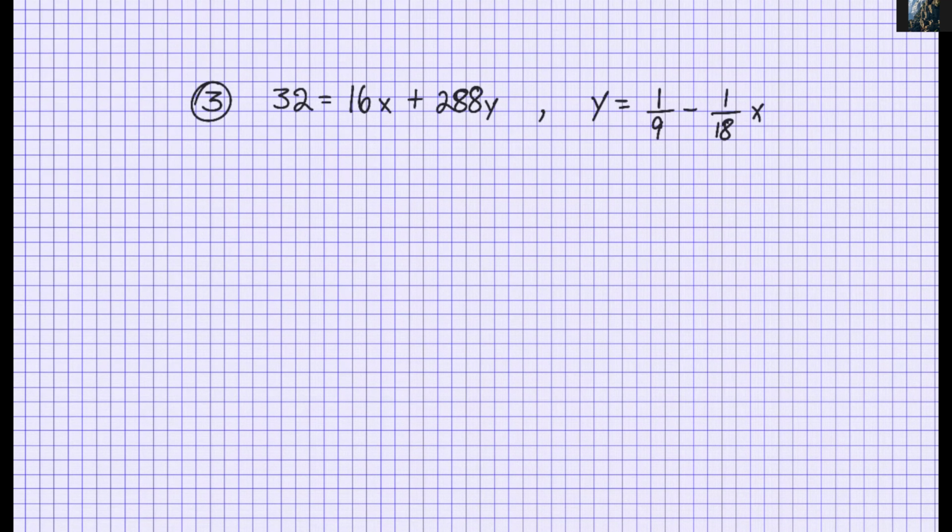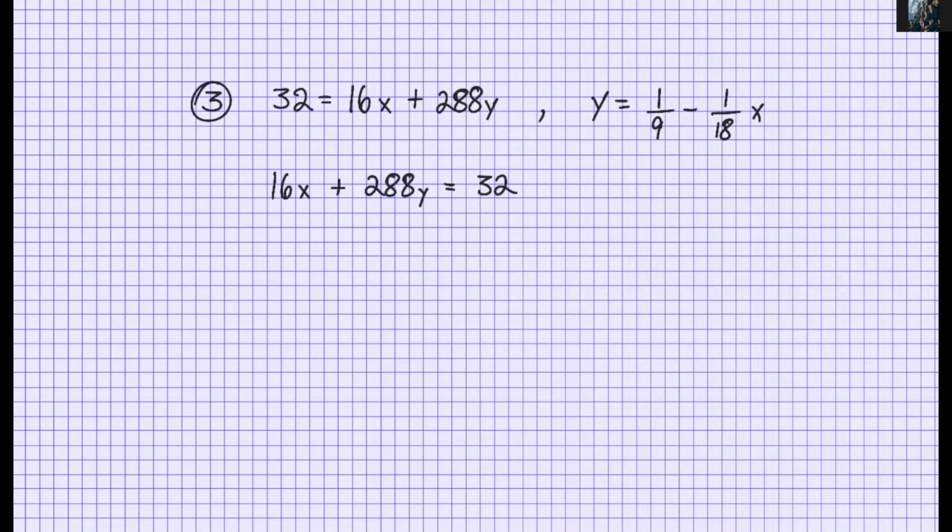So let's begin. I am going to just rewrite this equation because if you see in this case, we already have the variables on one side and the numbers on the other. So let's just rewrite it. We have 16x plus 288y equals 32.